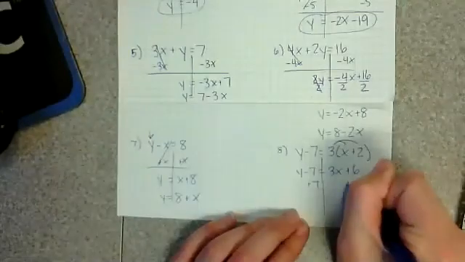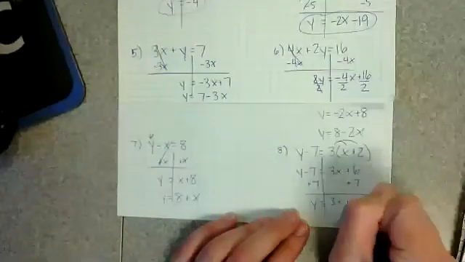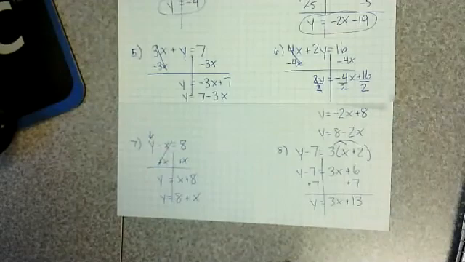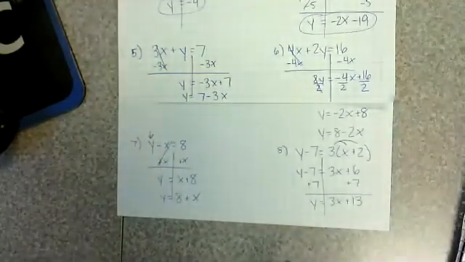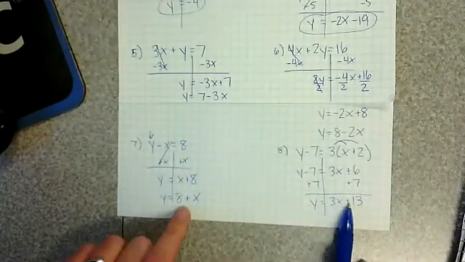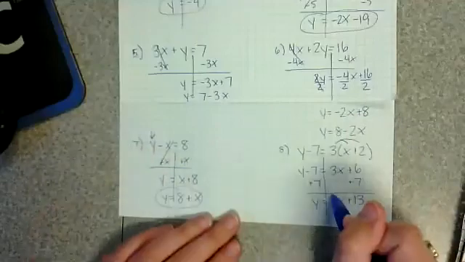Add 7, add 7. y equals 3x plus 13. You guys did awesome. That answer was for 8, not 7 in the chat. These should be your answers. So as long as you got both of these, Jonathan, then you're good.